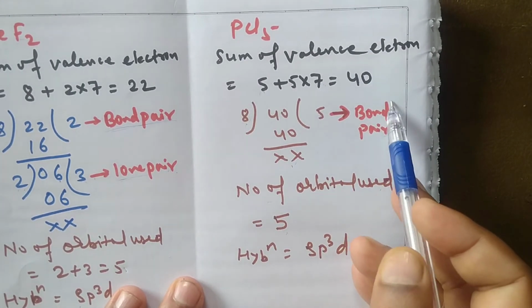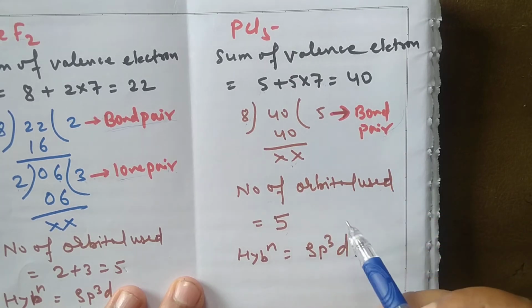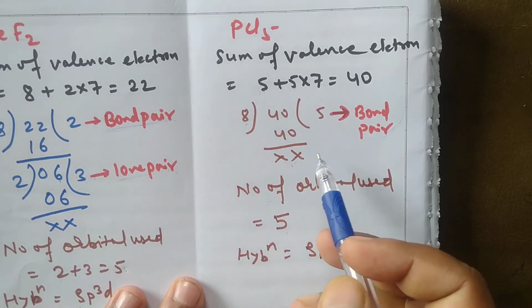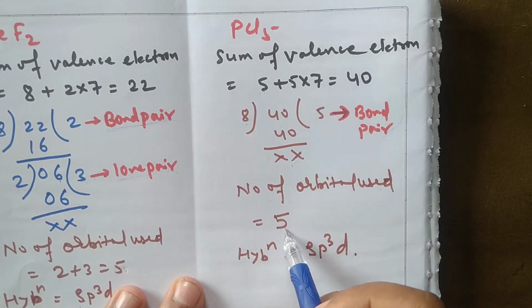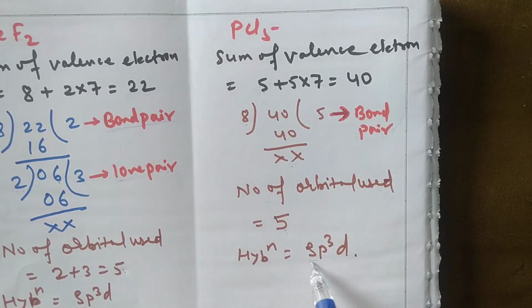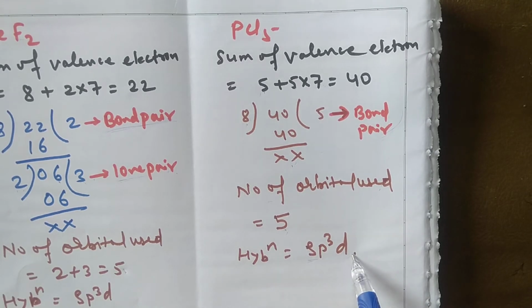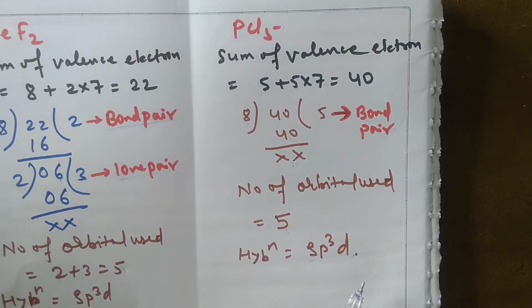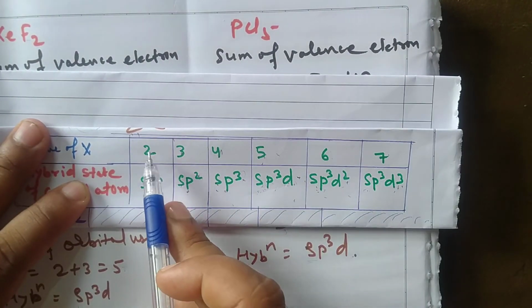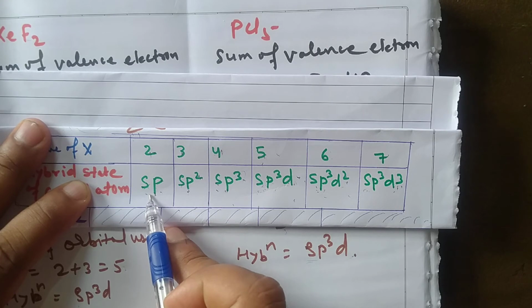So here you get the bond pair and there is no remainder. So you have nothing to do. So the number of orbitals is 5 again. So the hybridization is sp3d.